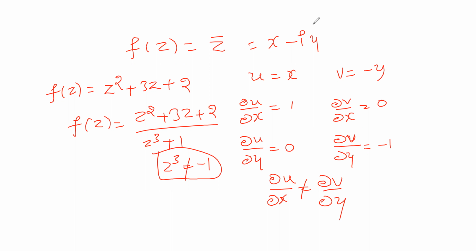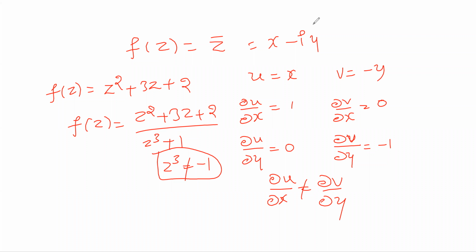If they ask whether a rational function is analytic or not, you have to check the domain, which excludes the zeros of the denominator. At all points of the domain excluding the zeros of the denominator, the function will be analytic.